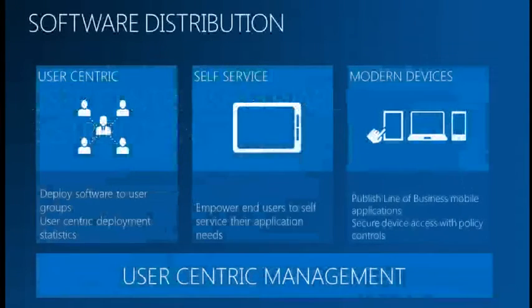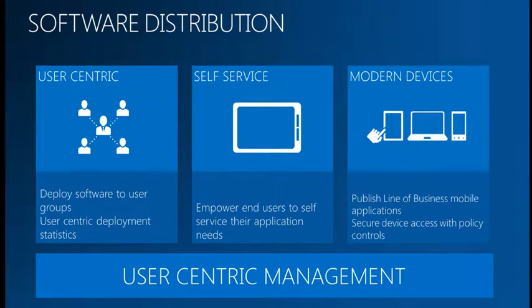To embrace the consumerization trend, with the user-centric management capabilities that we have introduced in the Spring pre-release, we have changed the model a little bit by introducing user-centric software distribution. So what it really means is that as an IT pro, I can really think people first, or user first, when it comes to planning my software deployments. All the rich reporting and monitoring metrics that I use for my software deployments, license tracking, and all of that is now becoming a user-centric model.